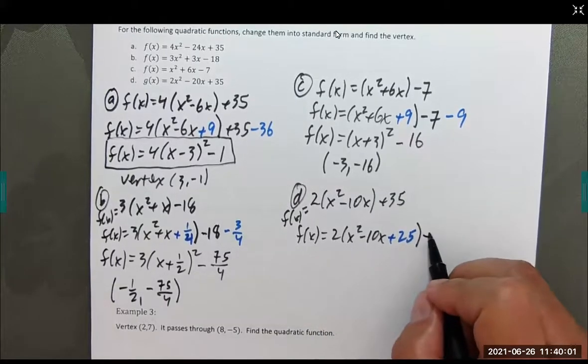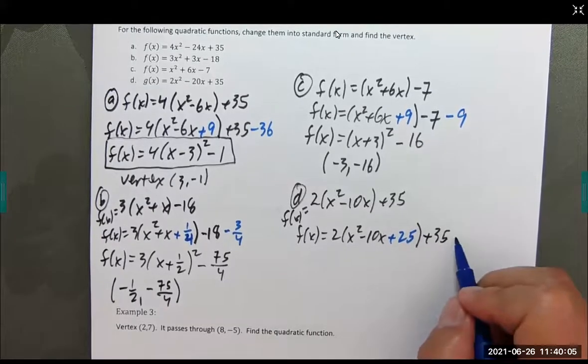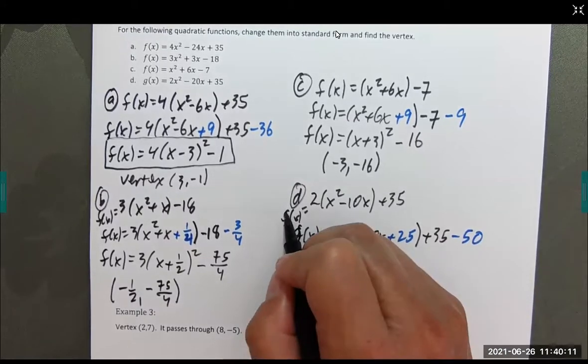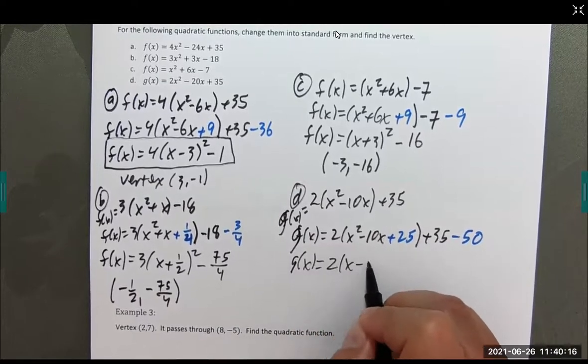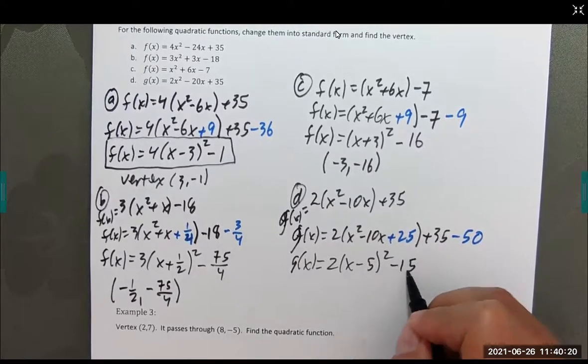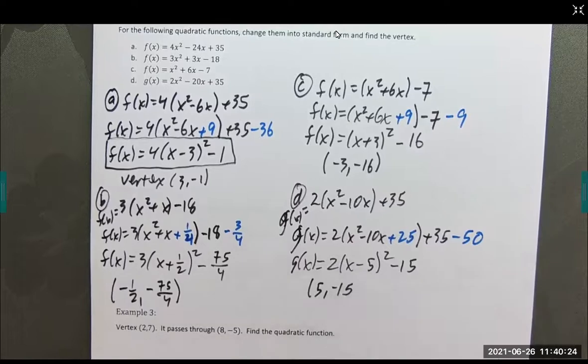So that's going to be plus 35. To compensate for adding the 50, I'm going to subtract 50. Oh, this is g(x). g(x) equals 2 times (x minus 5) squared minus 15. So our vertex is at opposite sign, 5, -15. Not too bad.